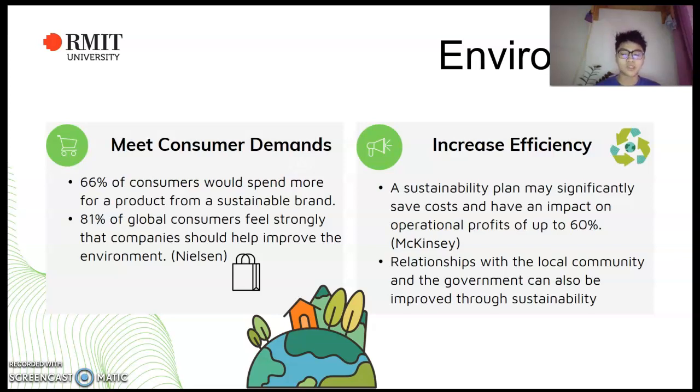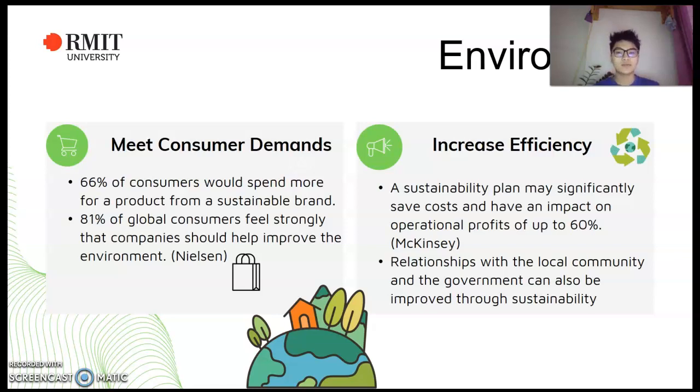It is also going to be a bigger trend in the future, since millennials and Gen Z are increasing, according to Talal Rafi. And the last part is increased efficiency.